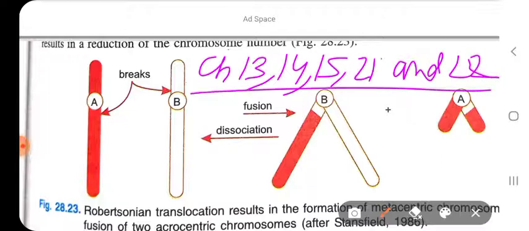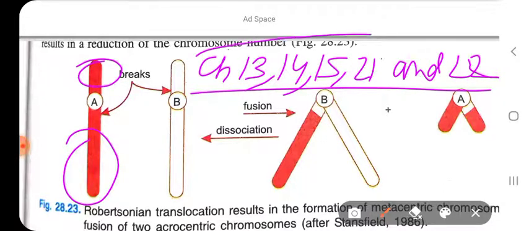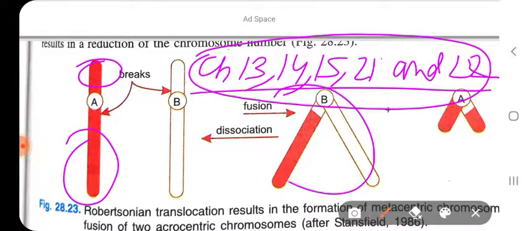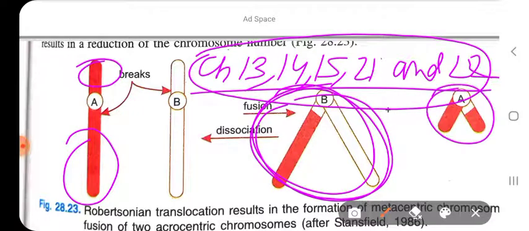These are the 5 acrocentric chromosomes. That means these chromosomes have a short p arm and a long q arm, and they may undergo this type of Robertsonian translocation. They may fuse together to form a large metacentric chromosome and a short microchromosome.